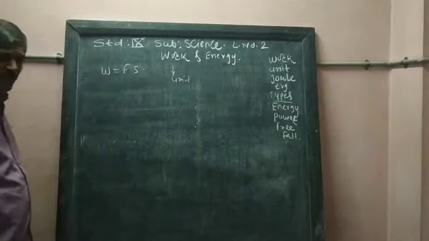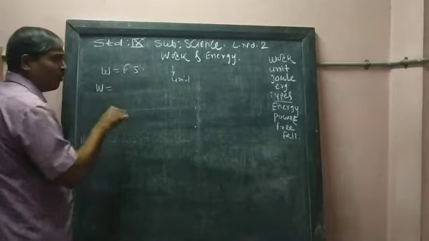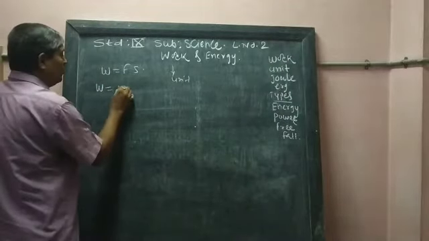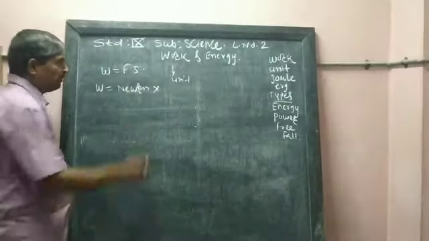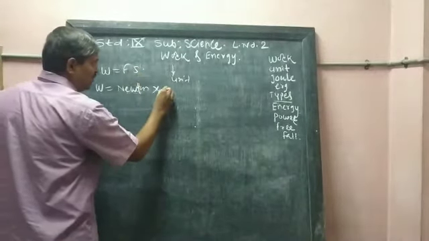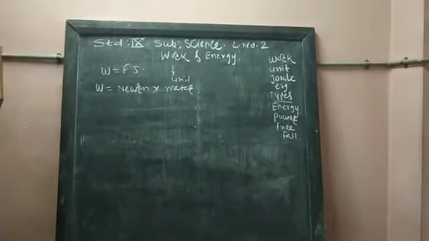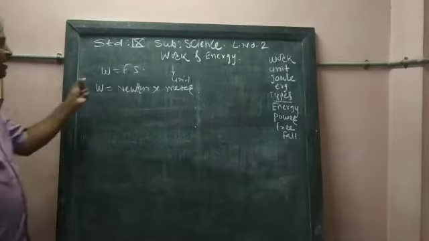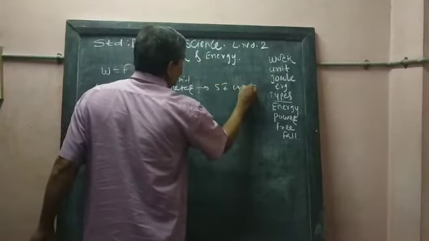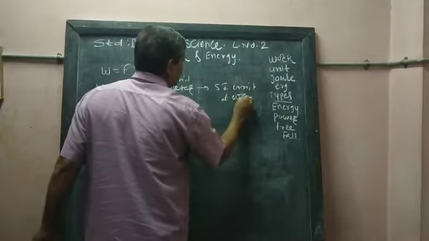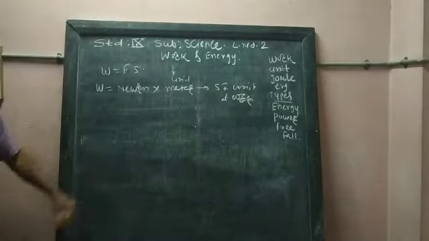What is the unit of work? Do you know? W is equal to force times displacement. Force is measured in Newton, and S stands for displacement, which is measured in meters. Newton meter is the SI unit of work.